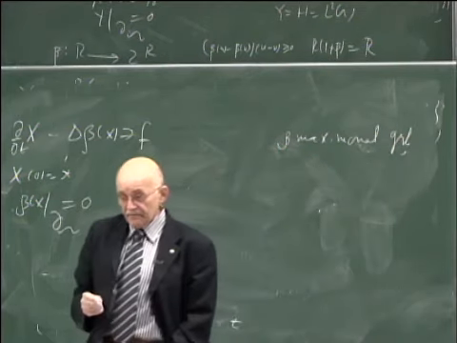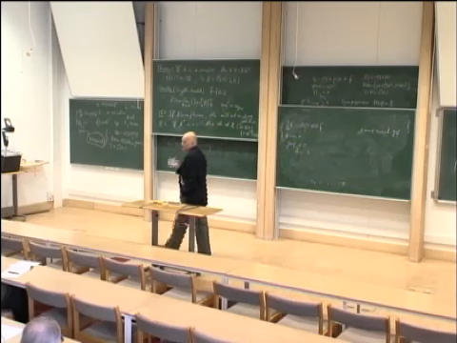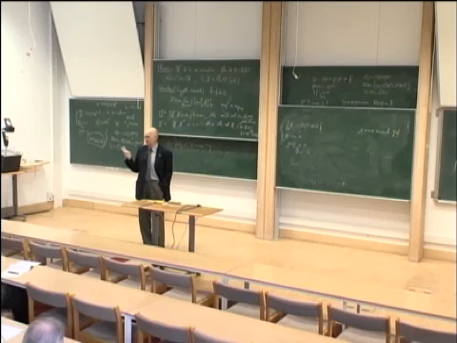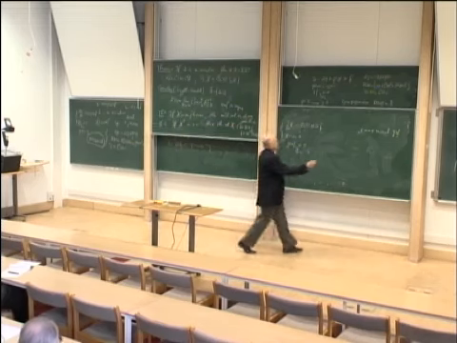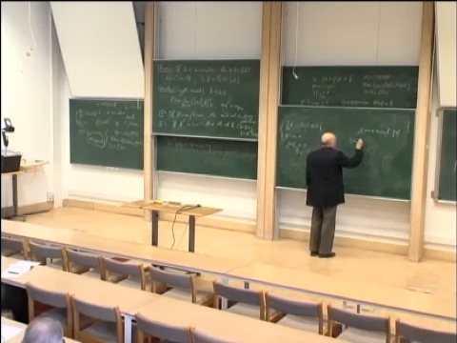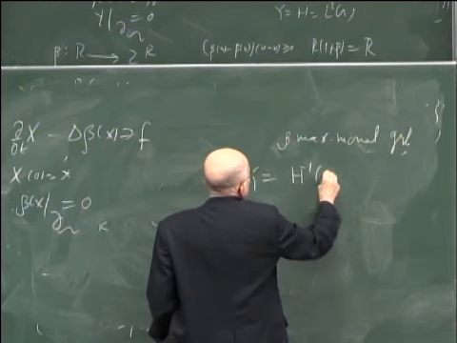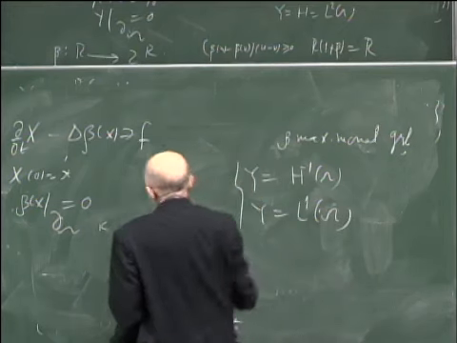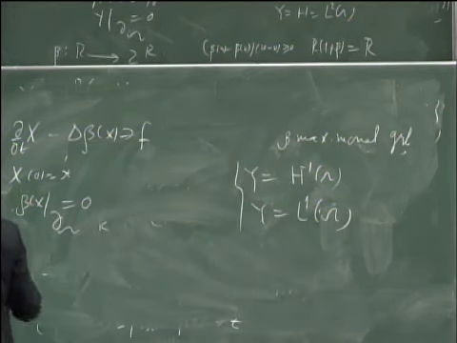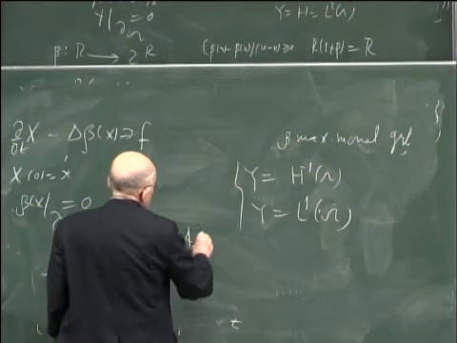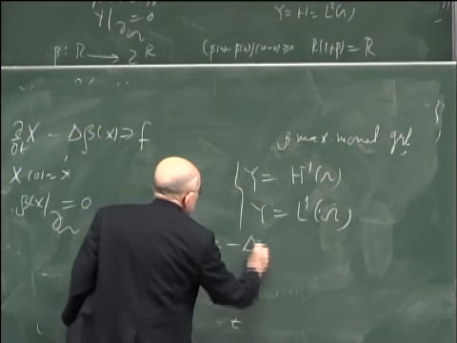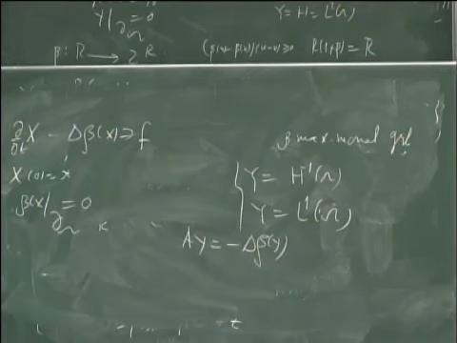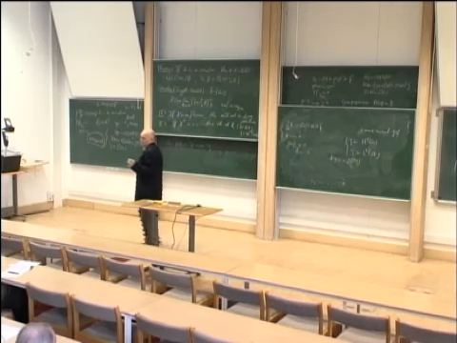In this case, this problem can be treated as an m-accretive equation only in two spaces. The first space is H^{-1}(Ω), the second is L1. Only in these two spaces is this operator, Ay equal minus Δβ(y), with its natural domain, m-accretive.